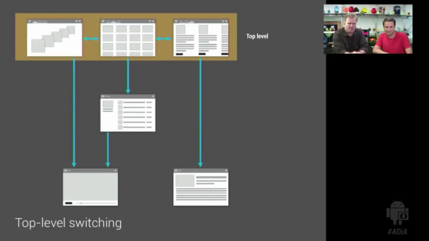So if you look at a really boiled down diagram of an app, the top level is basically the screens that represent the different facets of your app, and that have the function to represent the major use cases of your app and guide you down through the connecting screens down to the consumption level.